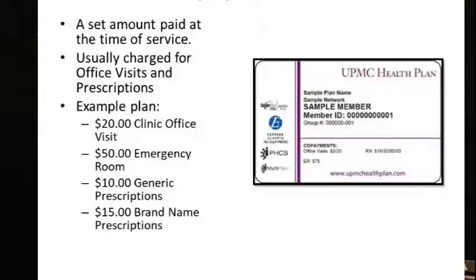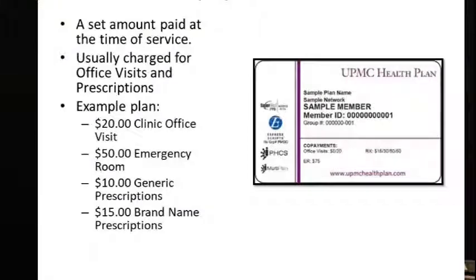When I say set amount, it's always the same. So it's usually on the card or it can be found out by calling the number that's on their insurance card. But an example would be a $20 copay for clinic office visits, maybe a $50 emergency room visit, $10 generic prescriptions, and $15 for brand name prescriptions.